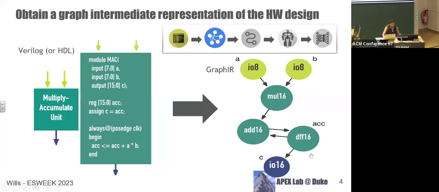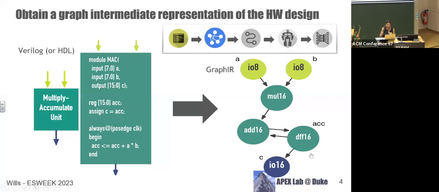And we use a GraphIR generator to construct all the input and output ports as well as functional blocks and units as vertices. And all the connections between the vertices are wiring connections.